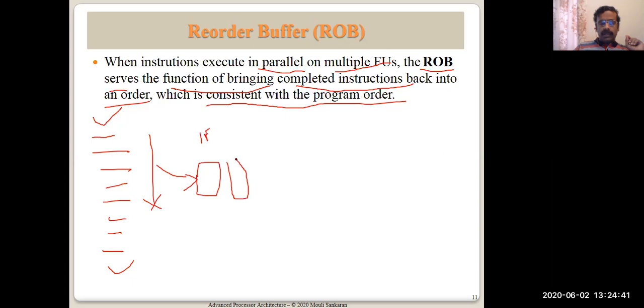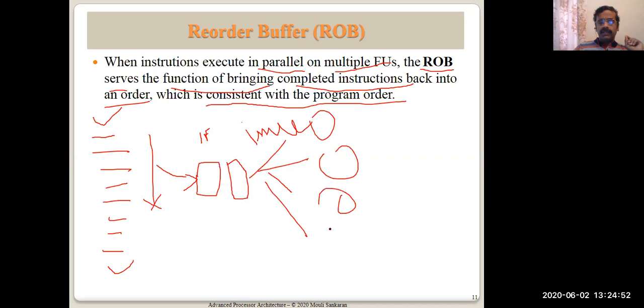They got decoded and then they got issued into different functional units in order. Everything we are seeing here is in order. They got issued in order, but they started executing out of order.